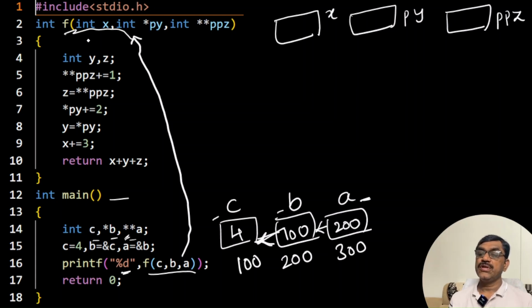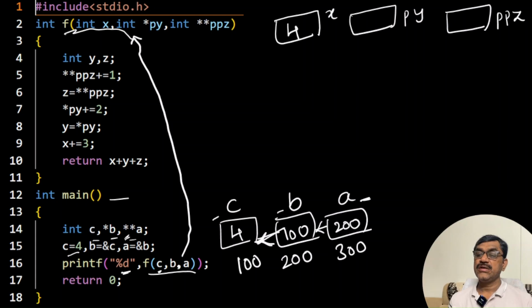Now, one important thing is that integer x is an ordinary variable. Why? Because at the time of calling the function f, we are passing the c value. Here c is an ordinary variable. To receive this c, we need an ordinary variable x, and x is going to store the value 4. Now next, we are passing b also. What is b? B is nothing but the address of C. Here B is a pointer.